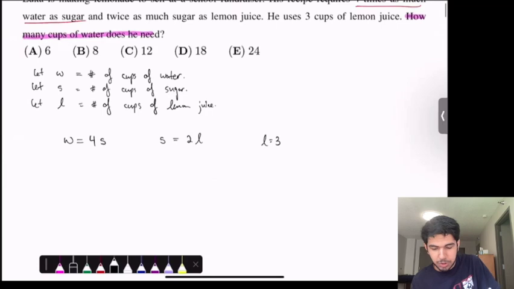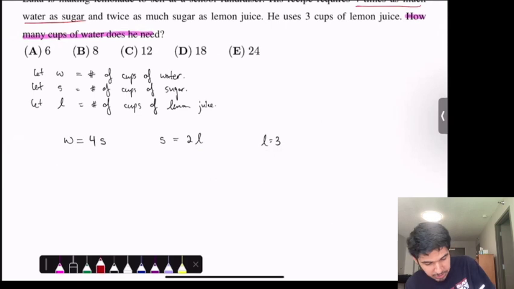So remember, we're trying to solve for W here. We can solve for W if we know what S is, because we just multiply S by 4. Well, we can solve for S using this equation if we know what L is, and we so happen to know what L is.